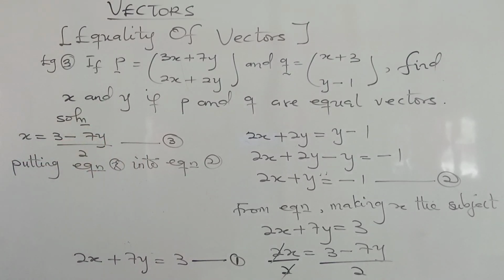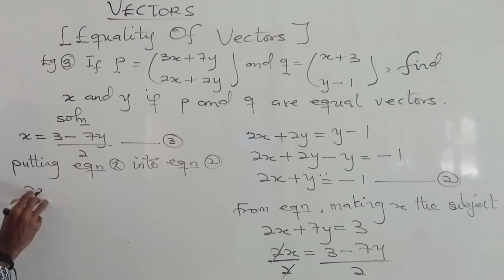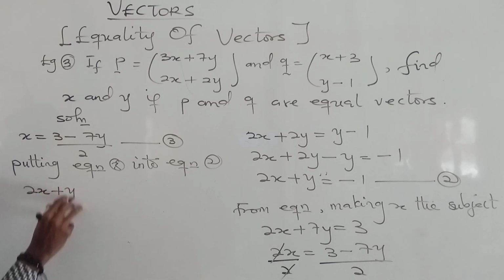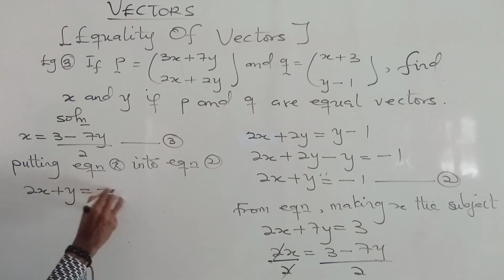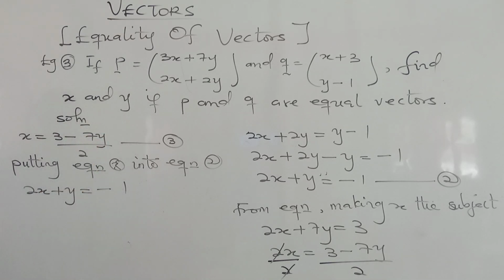Okay, so let's progress. Let me clean here so that we can continue. So the equation 2, I have 2S plus Y equals to -1. So wherever I see S, I'm going to put this value there. Okay, I hope you understand up to this point.